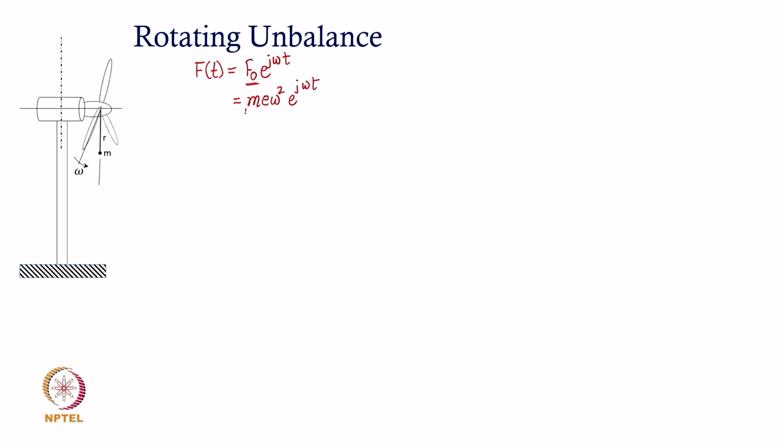So, this amplitude itself is dependent on the square of the rotational frequency of the shaft. It means that the assumption with which we have drawn the amplification curve, that F naught is constant, is really not valid.